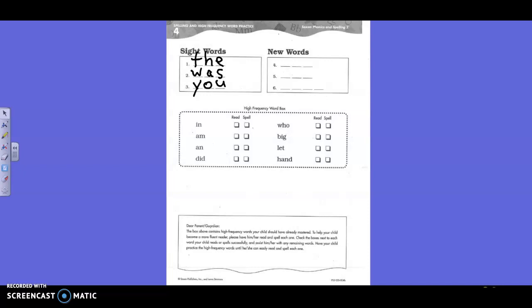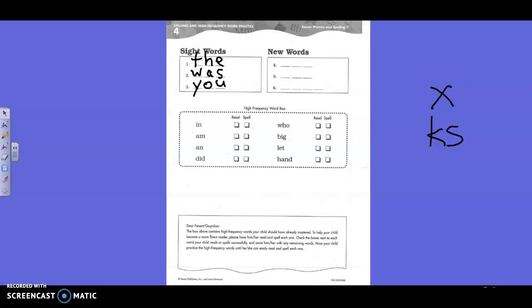The letter that makes the sound is letter X. The letter X is different from most letters because it actually makes two sounds. X sounds like KS together, okay? Does that make sense?